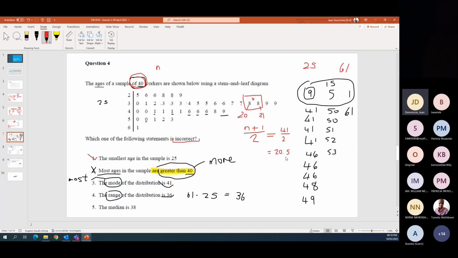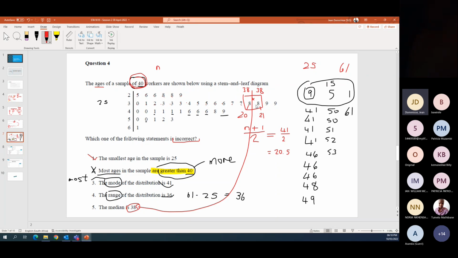Position 20.5 is in the middle of those two, but because that is 58 and that is 58, there can't be anything between 58 and 58. So we know that then the median is 38, because you can't have anything else than 58.